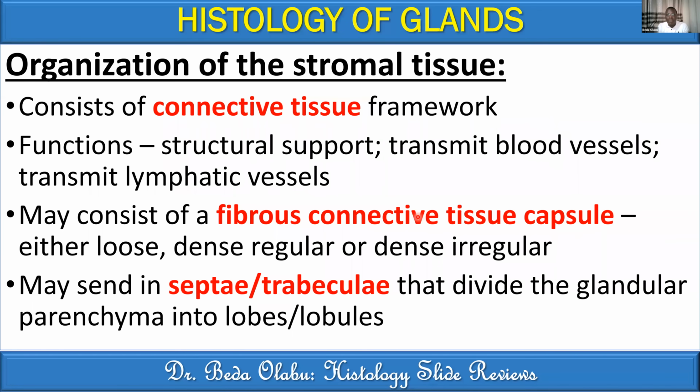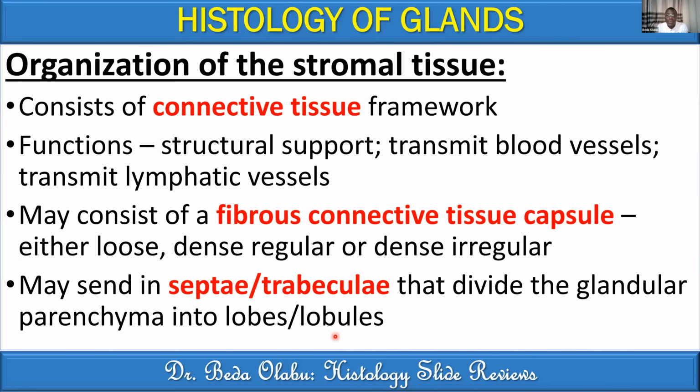If those smaller parts are visible to the naked eye, then they are lobes. If those smaller parts are only microscopic, then you call them lobules. So lobes are larger than lobules. But the concept here is that the trabeculae divide the gland into lobes or lobules, or sometimes both of them.